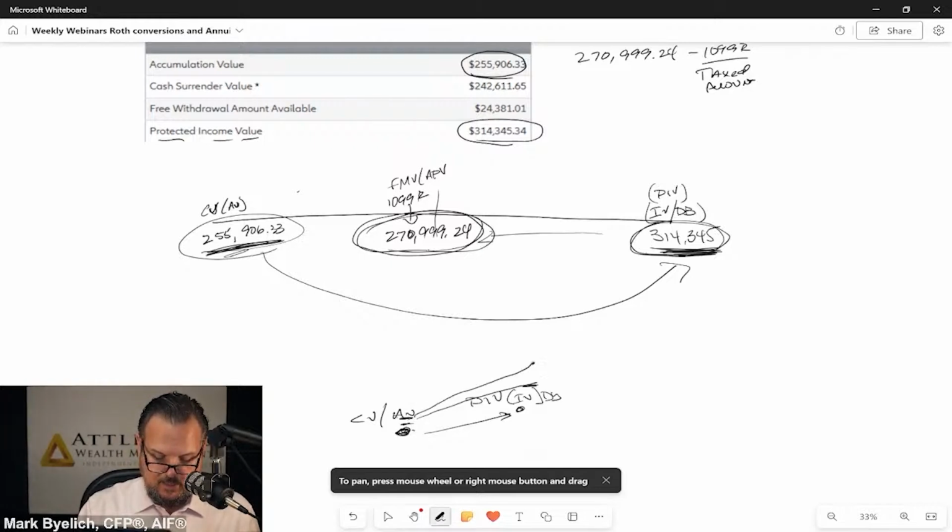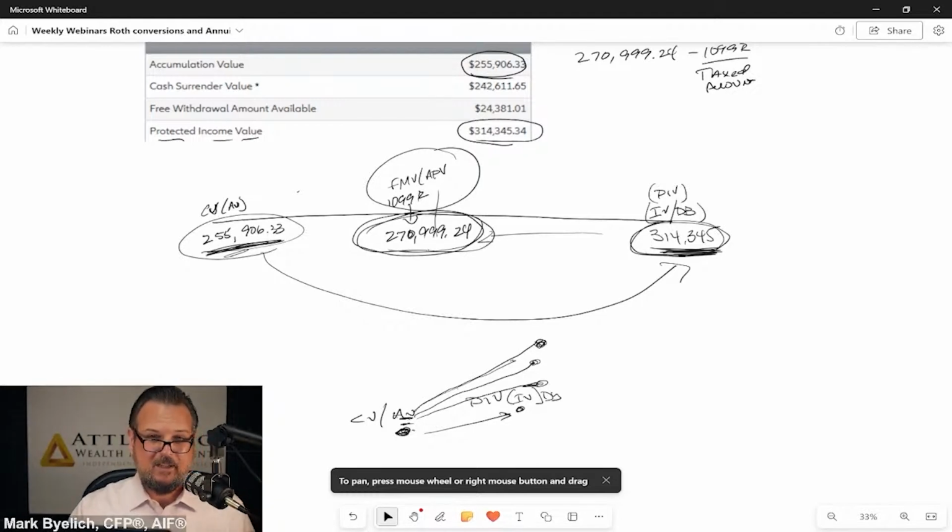These spreads will widen over time, and therefore your fair market value and accumulation value, actuarial present value will also increase. And so this difference will widen, and you'll end up paying more tax as it goes, as compared to the account value. So I hope that makes sense.